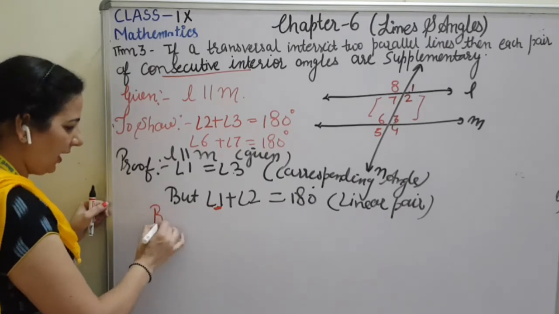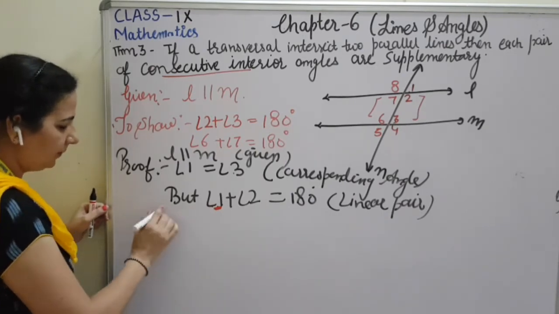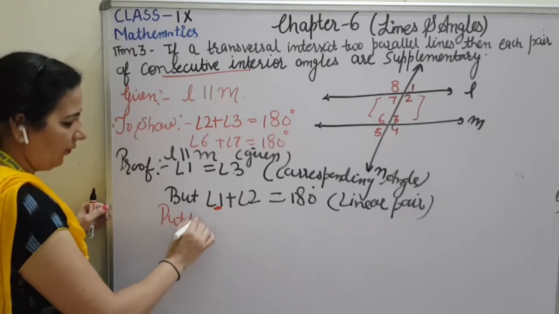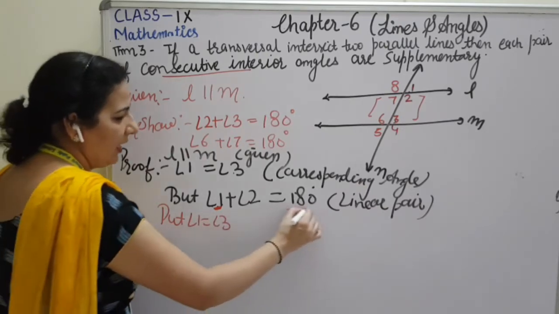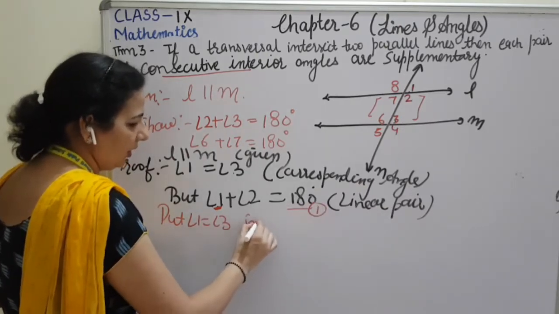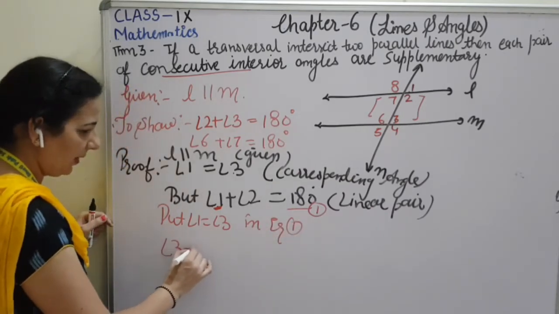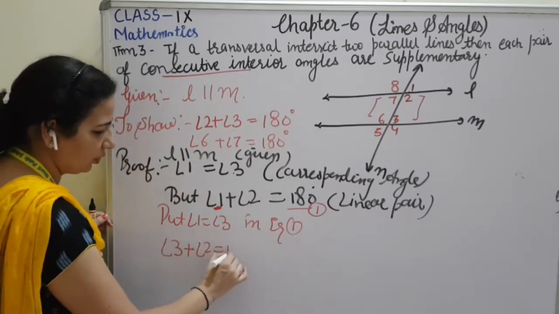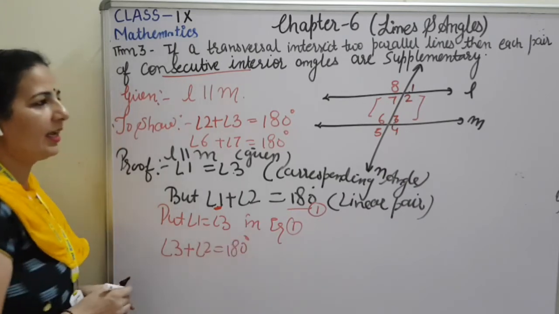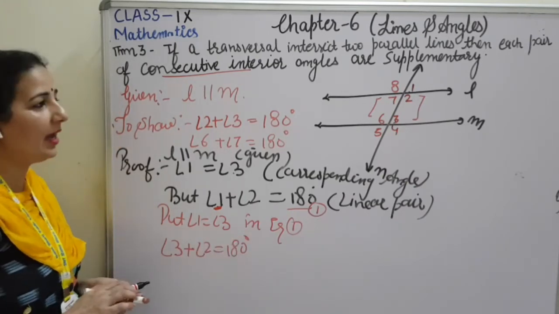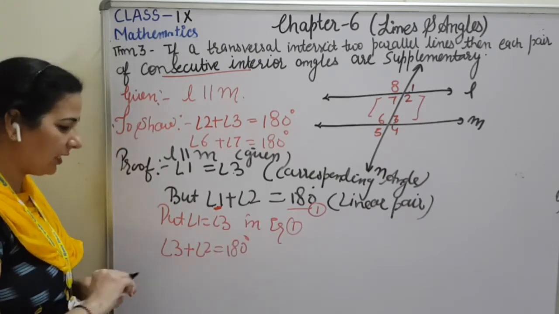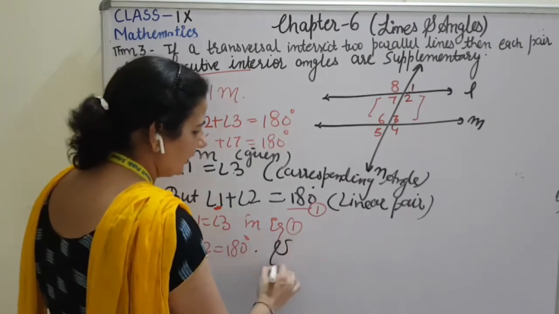I am going to put angle 3 in place of angle 1, from equation 1. So angle 3 plus angle 2 is equal to 180 degrees. We have shown for one pair that angle 2 plus angle 3 is equal to 180 degrees.